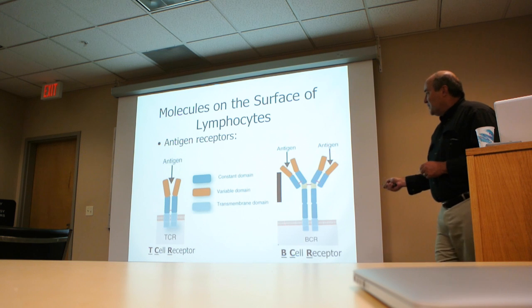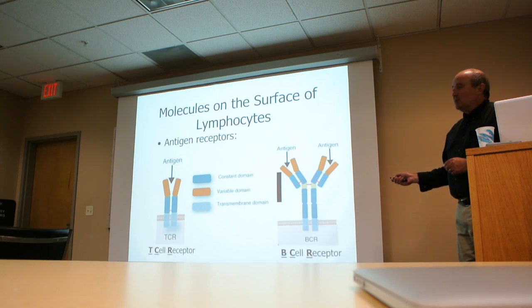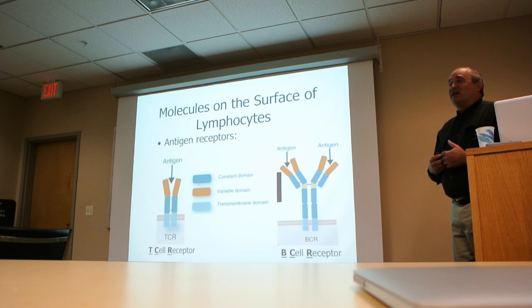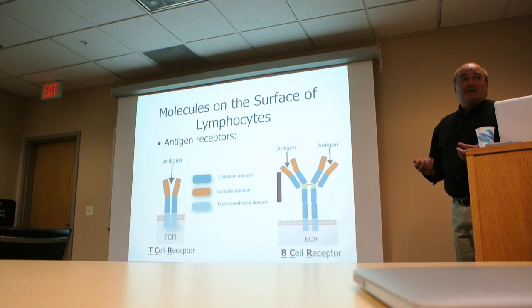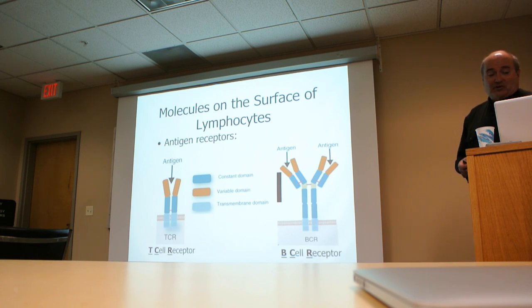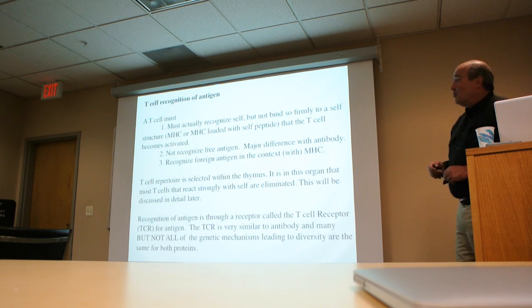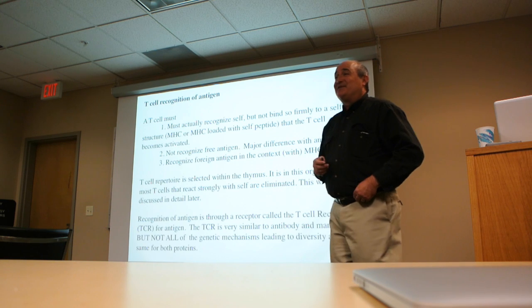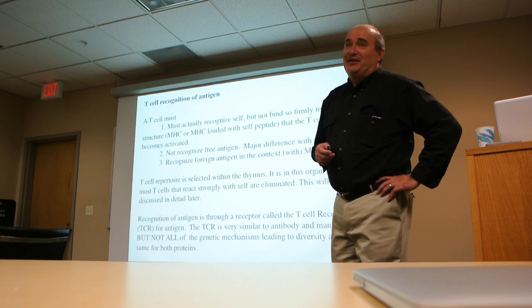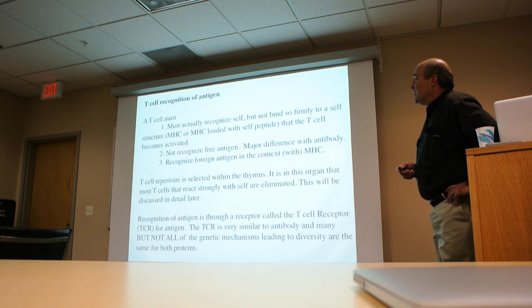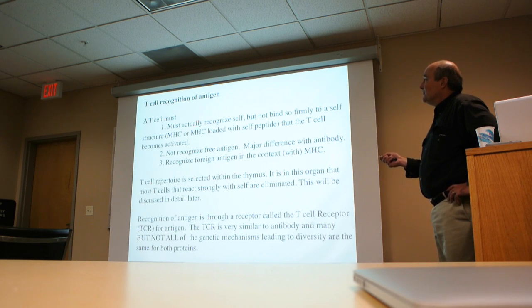So we quickly went through the B cell receptor. The T cell receptor has many of the same common features for generating diversity. So we'll be able to just breeze through those. But we have a couple key differences that we have to consider when we're talking about the generation of T cell diversity.